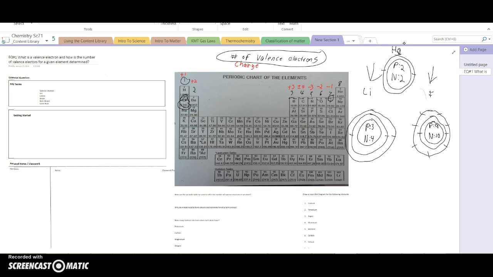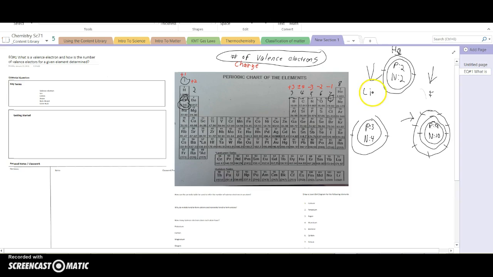So lithium wants to get rid of its outermost electron because it only has 1. It's really easy to get rid of that 1. So if this electron goes away, now this energy level is gone, and now it has 2 valence electrons just like helium does.